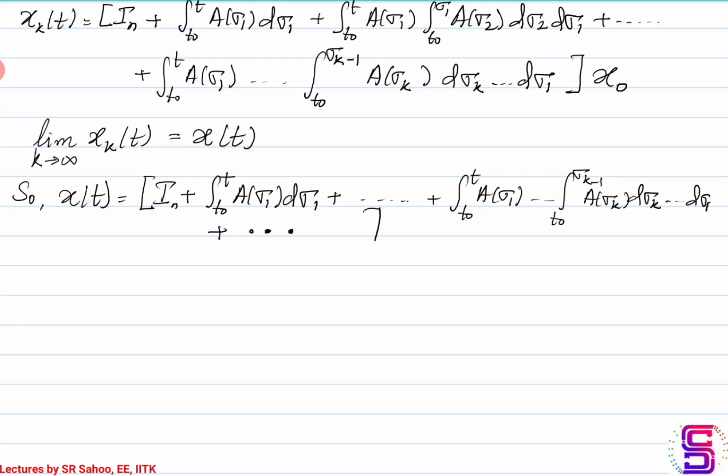This is an infinite summation that you have multiplied by x of 0. This entire thing inside the square bracket, we will represent as a function of t and t0, because if you notice, the matrix depends on the starting time t0 and the time you are interested in, which is t. So we'll represent it as this, and then you have x0.